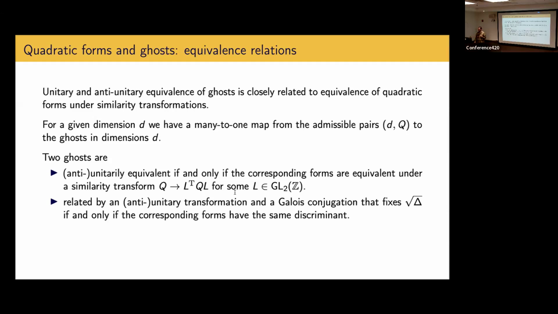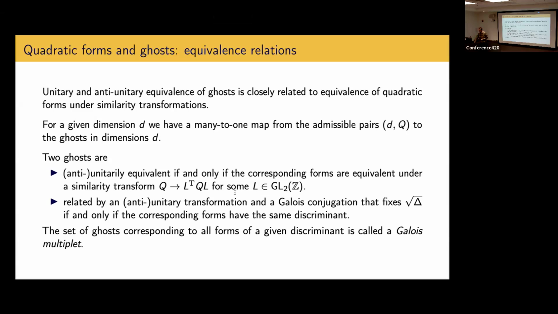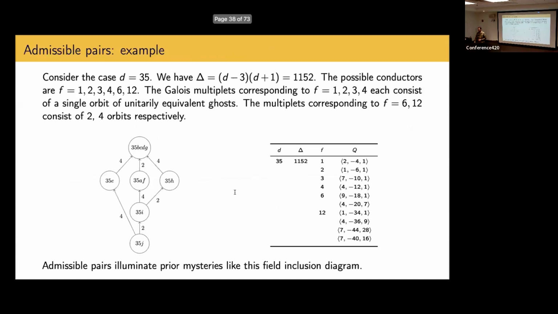Two of them are equivalent up to a conjugation, which is a red preserving and blue preserving conjugation, not one that exchanges red and blue, if and only if the corresponding forms have the same discriminant. Okay, so in general, there can be more than one discriminant here. The set of ghosts corresponding to all forms of a given discriminant is called a multiplet. And for a long time, people had no idea where these multiplet structures were coming from. We can now explain this.